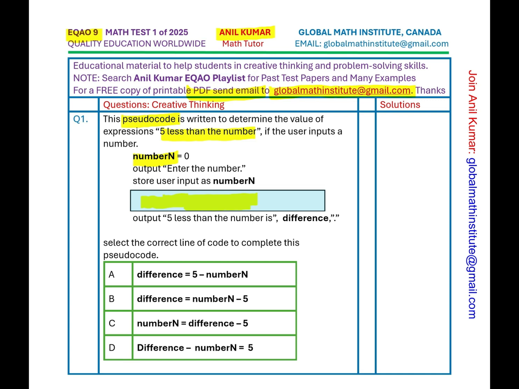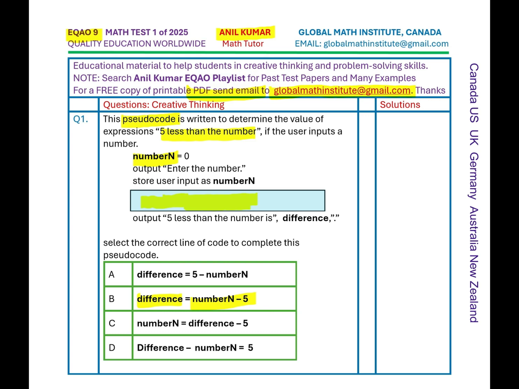So, what should come here? Difference is what we need to define. So A, difference is 5 minus number n, or B, difference is number n minus 5, or C or D, which are number n equals difference minus 5, difference minus number n equals 5. Perfect. Since we want to know 5 less than the number, difference should be number minus 5.